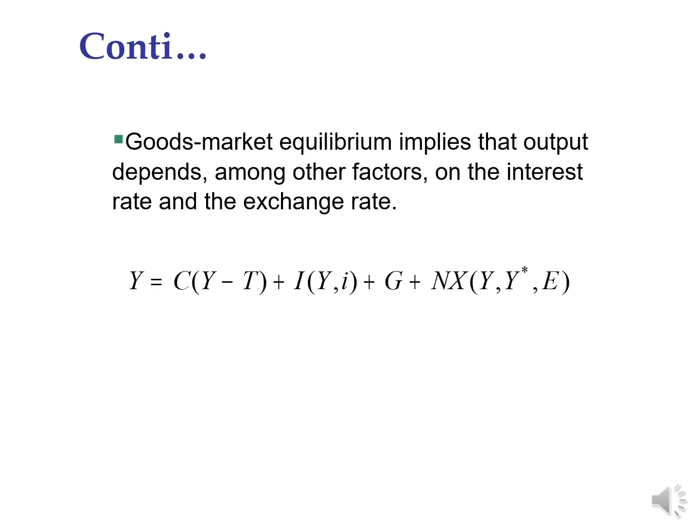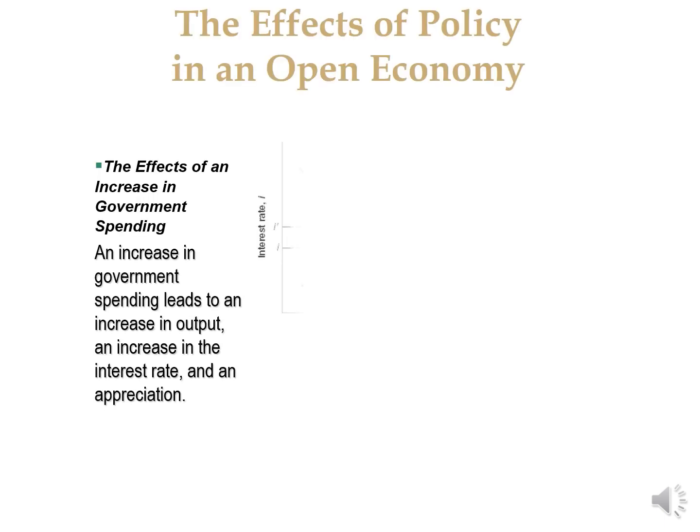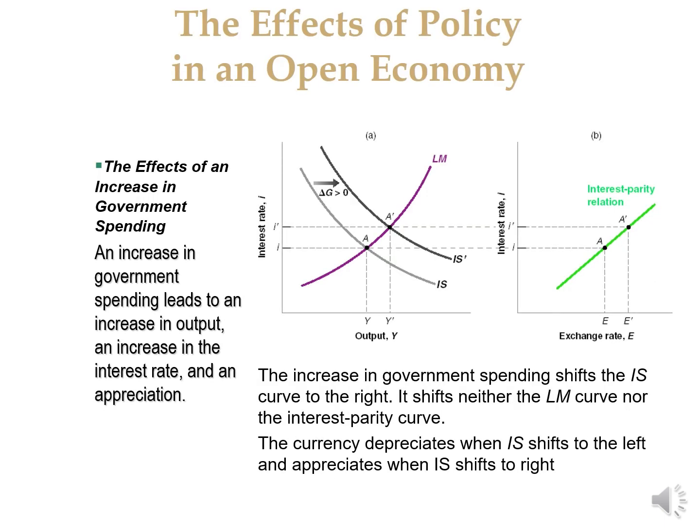Goods market equilibrium implies that output depends, among other factors, on the interest rate and the exchange rate: Y equals C(Y minus T) plus I(Y, I) plus G plus NX, exports minus imports. This is the effect of an increase in government spending: an increase in output, an increase in the interest rate, and an appreciation.